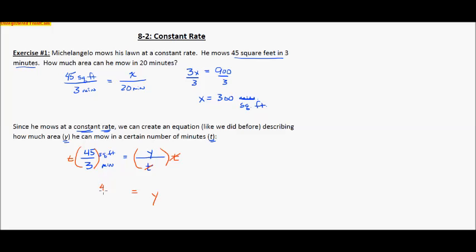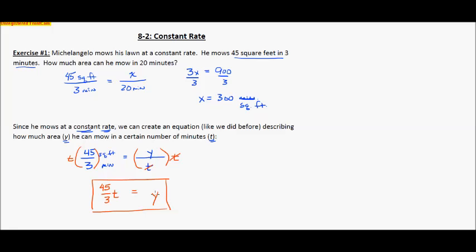Usually when we write an expression, which is part of this bigger equation, we write the number as a coefficient first, and then we're multiplying by t. Here is an equation that will let me predict different amounts of time and how many square feet he can mow.